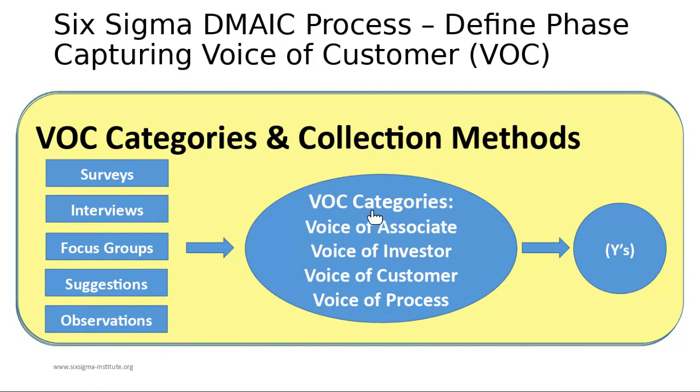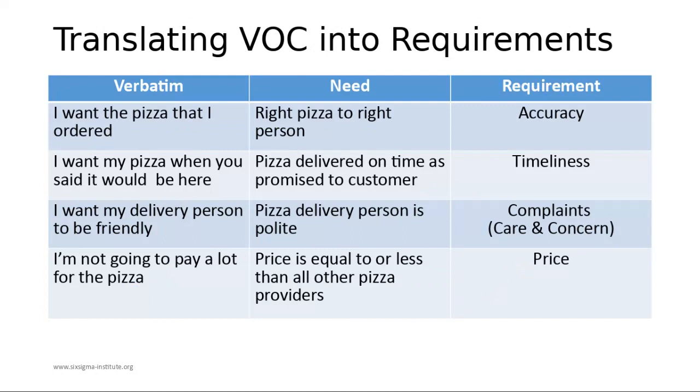The voice of customer categories are the voice of associate, meaning the one working in the process, voice of investor, voice of customer, and voice of process. To wrap this all up, a customer is either internal, the one working in the organization, or external, the one receiving or the end user of that process.